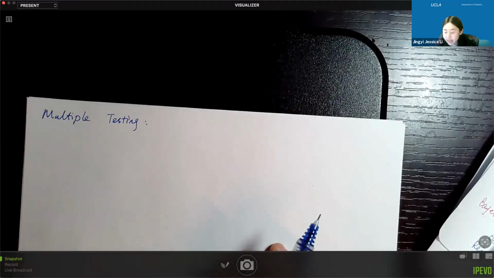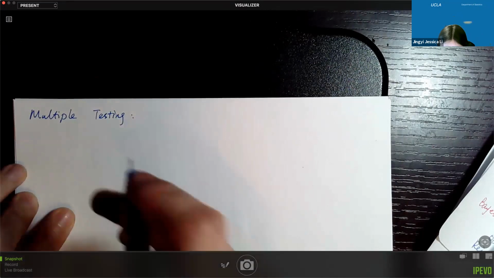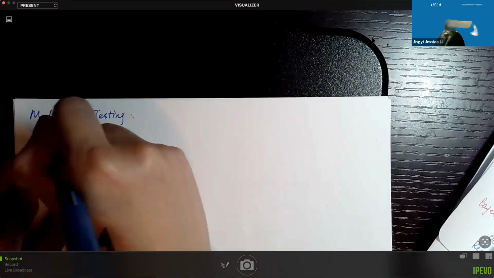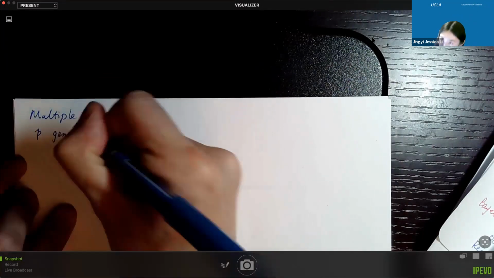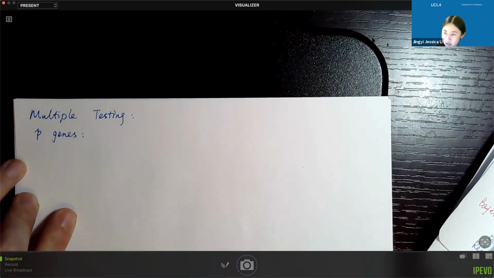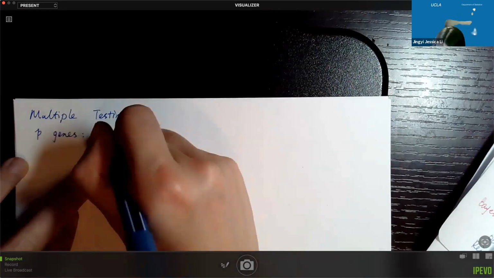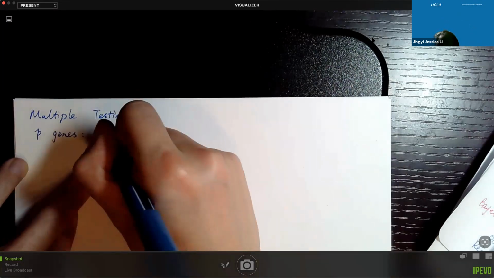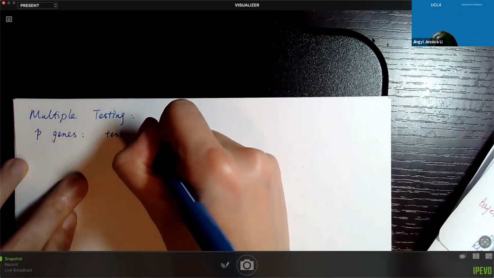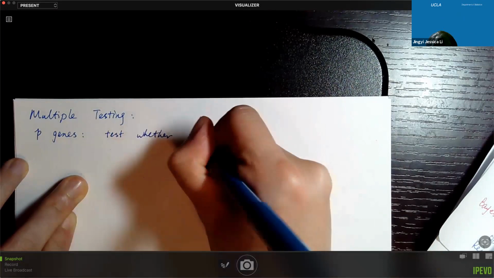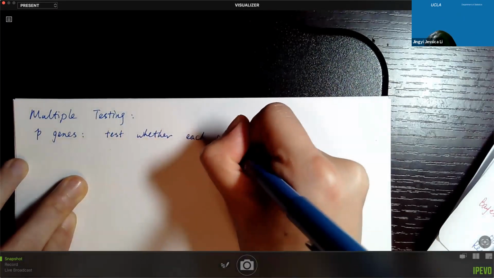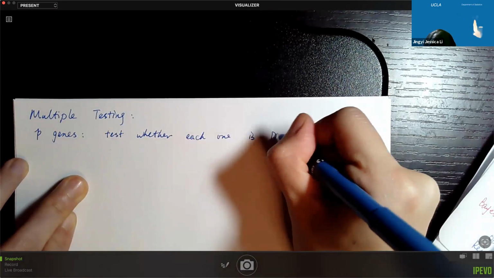So let's say that we have P genes, and we want to test whether each one is differentially expressed between two groups of samples or between two biological conditions. Then we will have P tests, right? Test whether each one is DE, differentially expressed.